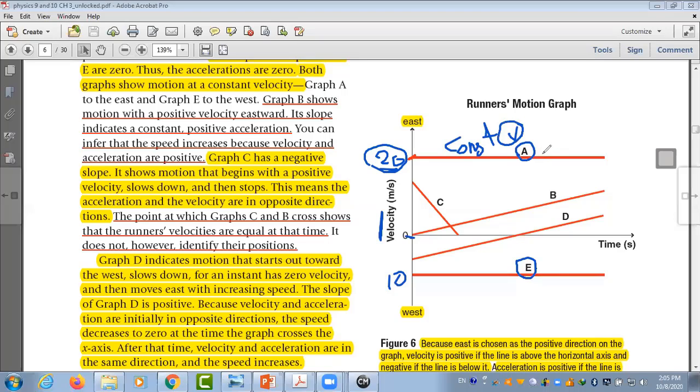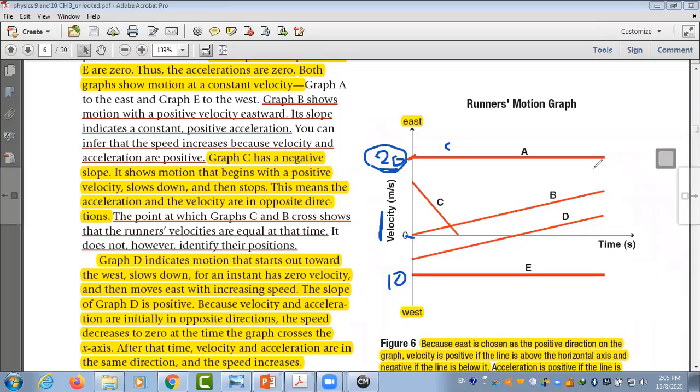What about acceleration? Who can tell me what is the acceleration for this line? Omar. Assalamu alaikum. Alaikum salam.